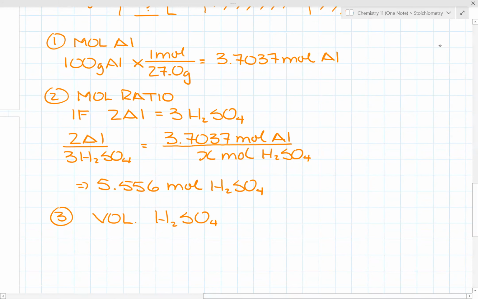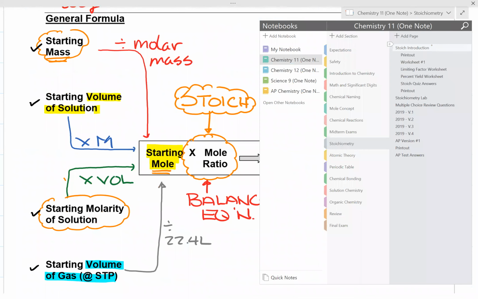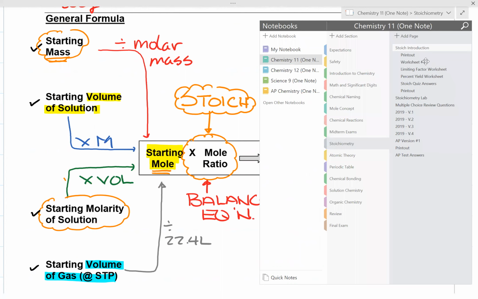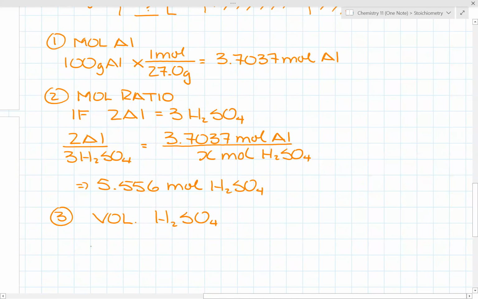if we go back to our little chart, how do we find the ending volume? It says here we divide by molarity. So in this particular case, we take the 5.556 moles of H2SO4 divided by 4.40 molarity.